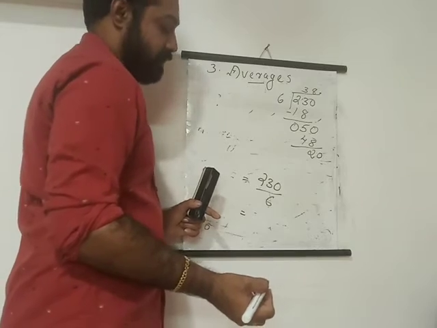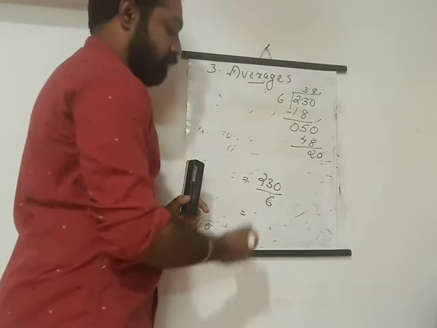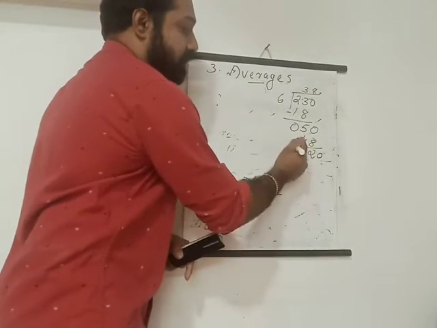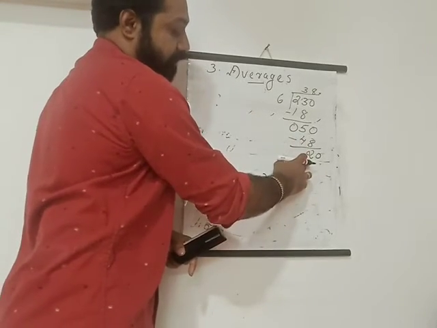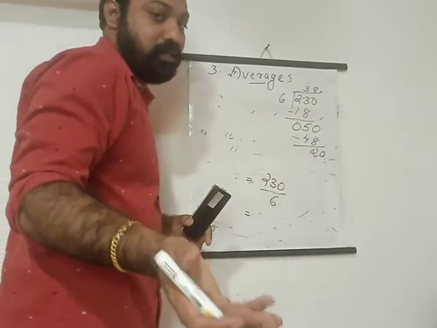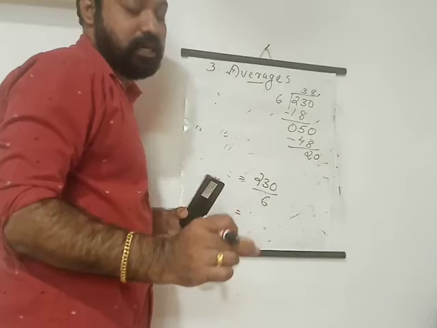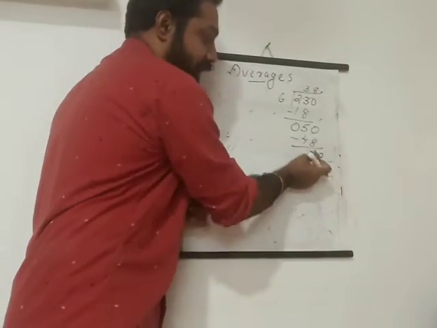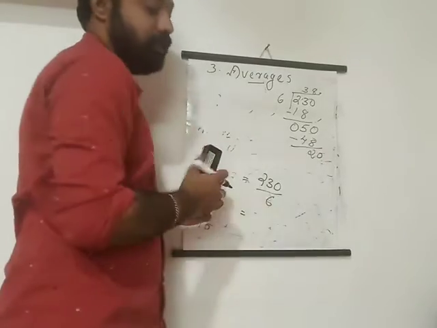That means we need to write this as a decimal number, not in mixed fraction form. When you subtract, we got a remainder. If you want to continue your division, the rule in division is that you can put a point here, and if you are putting a point, that time you can put a 0. Then you can divide.